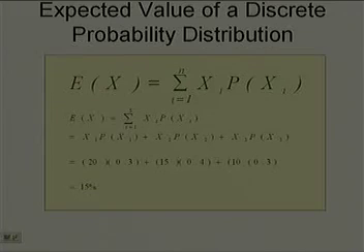For example, you can see very clearly that you are getting 20 multiplied by 0.3, because there is a 30% chance that you can earn a rate of return of 20%. There is a 0.4 probability that you are going to earn 15%, and finally there is a 0.3 probability that you are going to earn 10%.